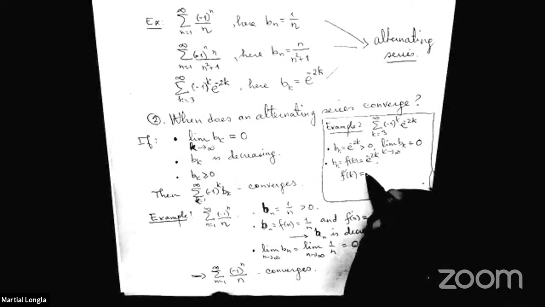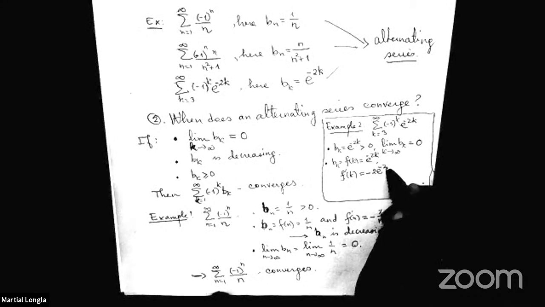It would be 0. e to minus infinity is 0. So the limit of bk is 0. So then you find what's bk is f of k, which is e to minus 2k. What is f prime of k? Negative 2 e to the minus 2k. That's it.